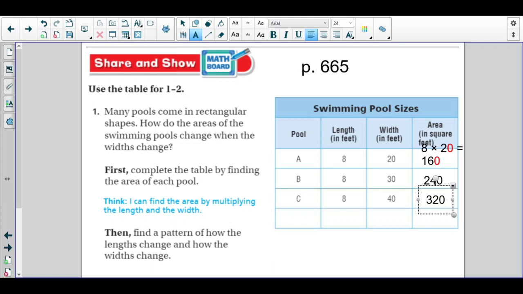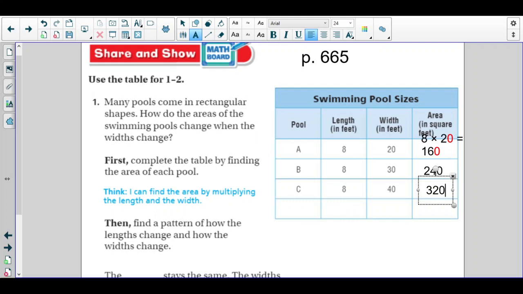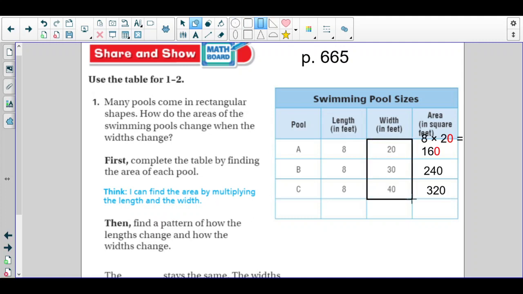Let's see if we can find a pattern. Find the pattern of how the lengths change and how the widths change. So this portion changes, and we want to know how that impacts the change that we see right here.